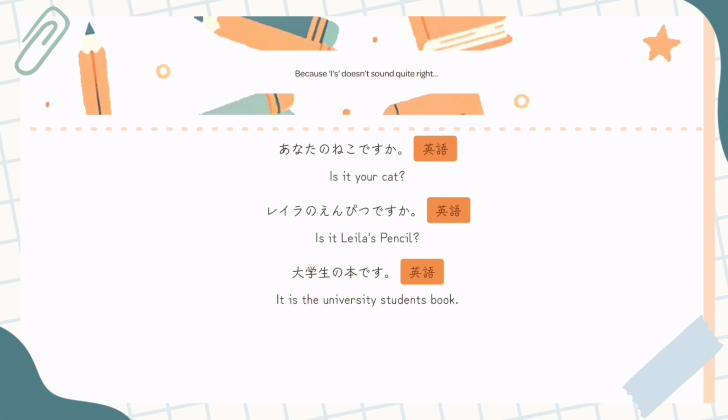Daigakusei no hon. Daigakusei, university student. Hon, book. If you found this word hard or you've not done this word before, please go to my website. I have a vocabulary list for every single lesson, and it will probably help with the lessons and following along.